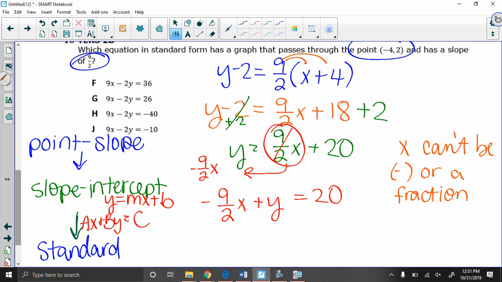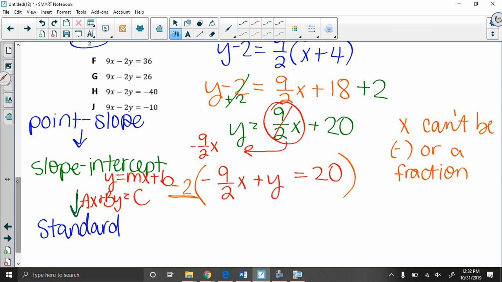So that means I need to multiply by its negative denominator to get rid of this. Negative, and our denominator is 2. So we have to multiply the entire equation by negative 2 to get the equation to look like what we want it to.